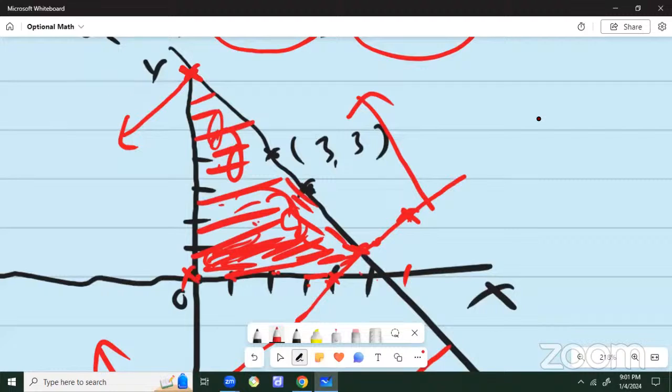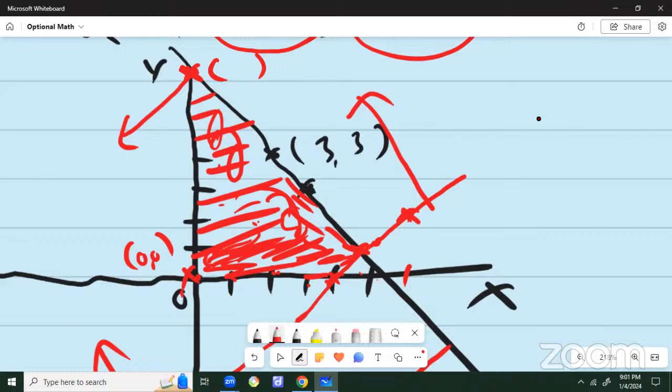Can you guess the vertices? What are the coordinates of this origin? 0, 0. What will be the coordinates of this point? This is not drawn to scale, so it will be difficult to figure out the exact location of these points.